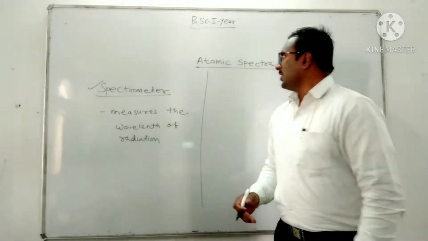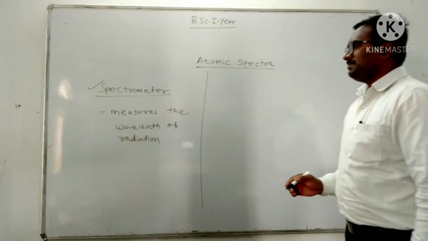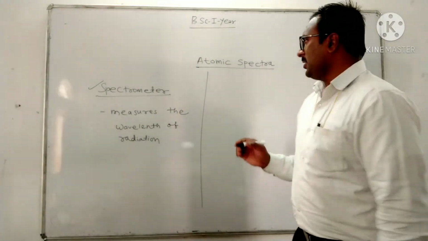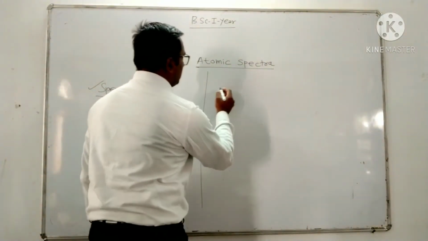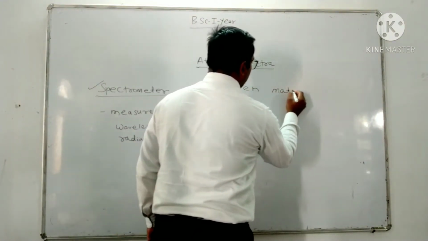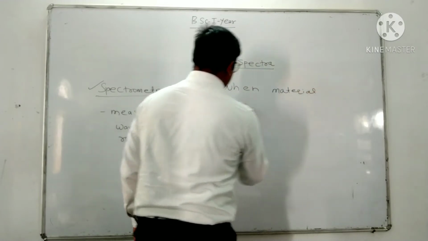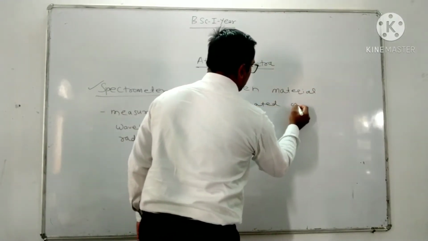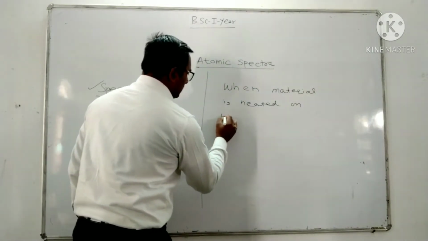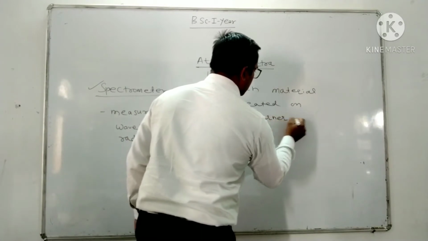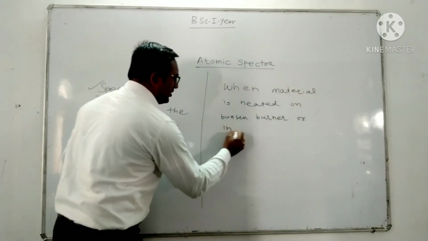The atomic spectrum is produced when a material is heated on a Bunsen burner or in a discharge tube.